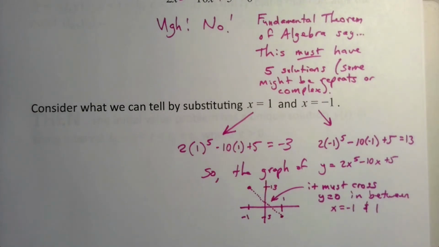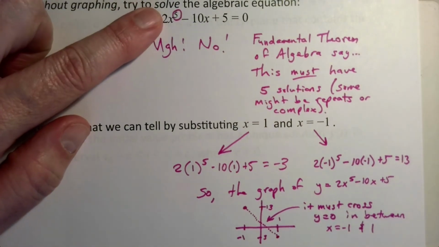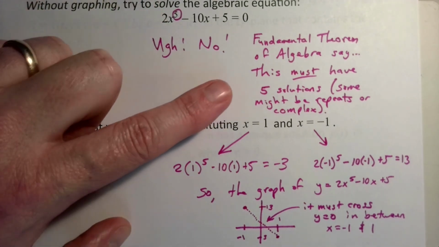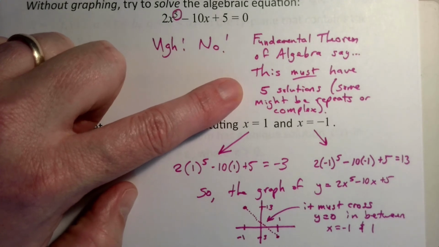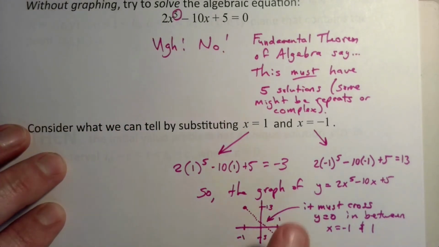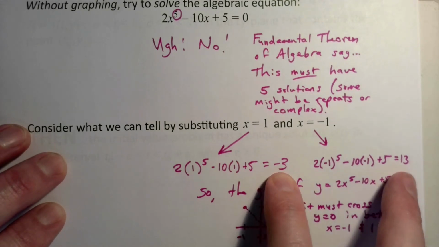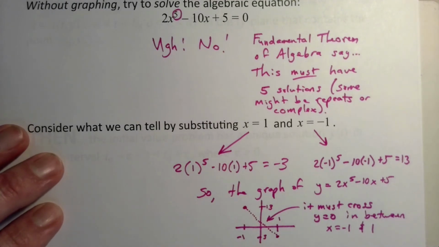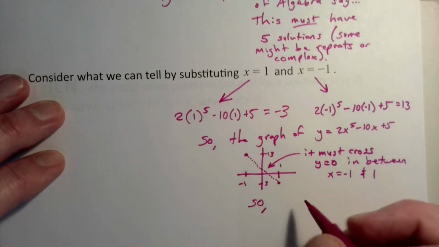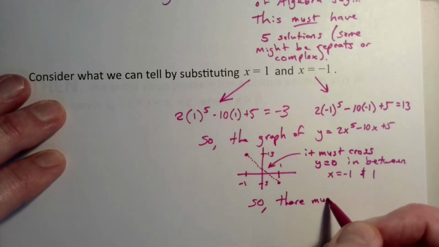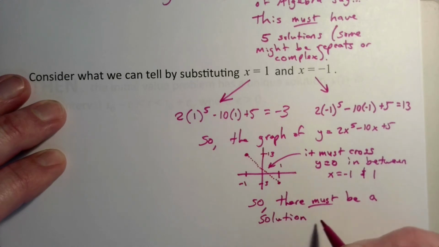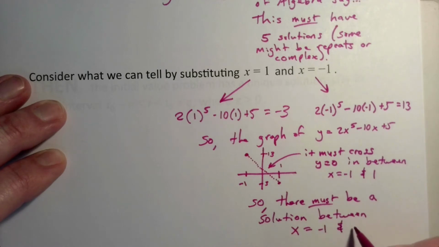It doesn't have a choice because this thing is a polynomial, and polynomials are continuous. So since it's continuous, and since we know it has to have solutions, 5 of them exactly, and we know that it's negative in one location and positive in another, then it must have a solution somewhere between negative 1 and positive 1.